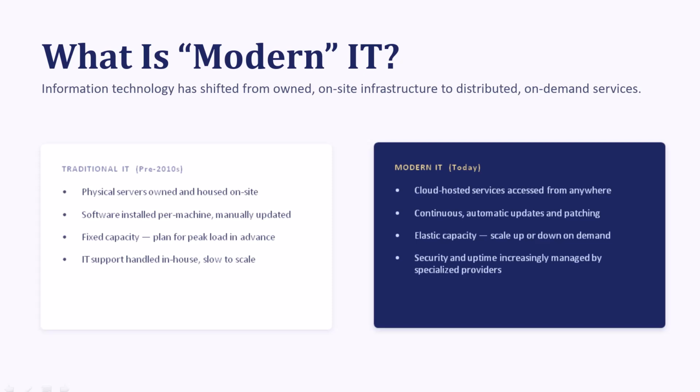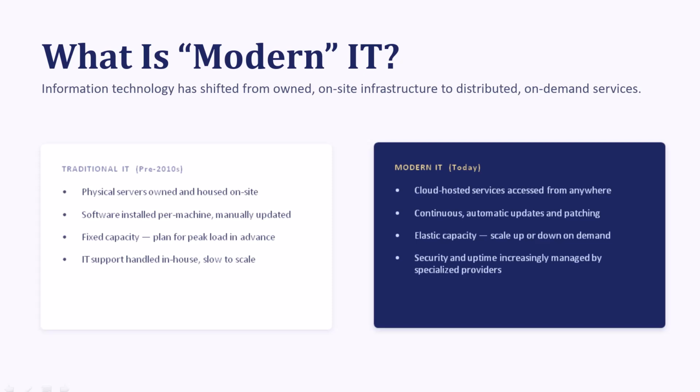Software was installed machine by machine, and updates were manual. Capacity was fixed. If you expected a busy season, you had to buy enough hardware in advance to handle it, whether you used it or not. And when something broke, your in-house IT team handled it, which could be slow to scale as the company grew.